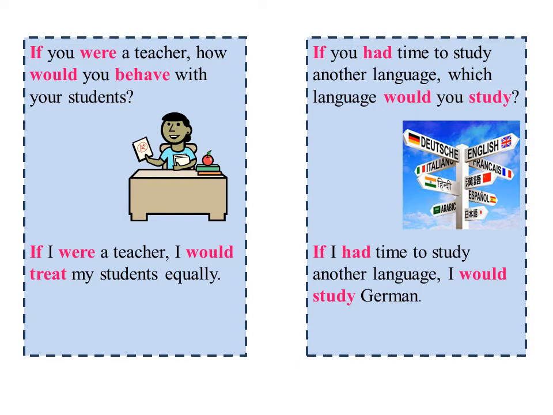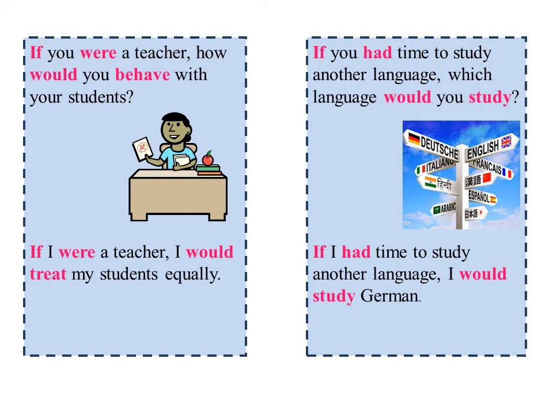At school, you study English and French. Now, if you had time to study another language, which language would you choose or would you study? If I had time to study another language, I would study German or I would study Italian. Something that is not possible at the time being.